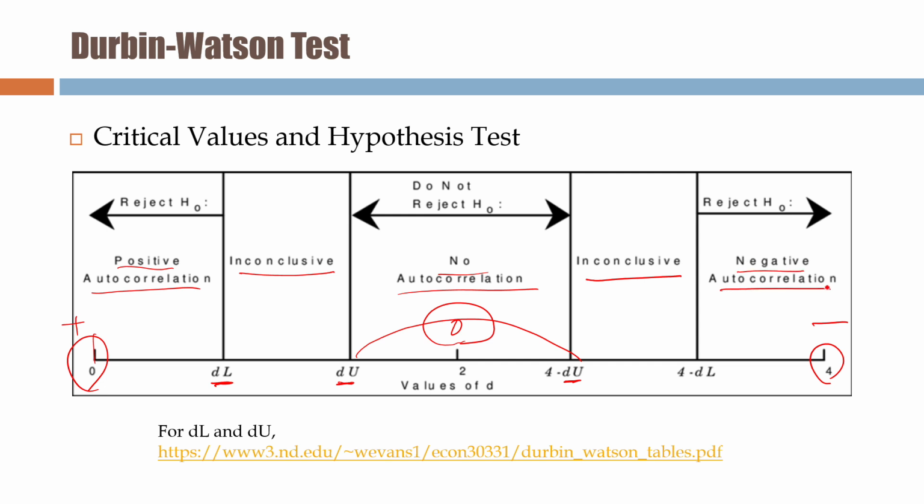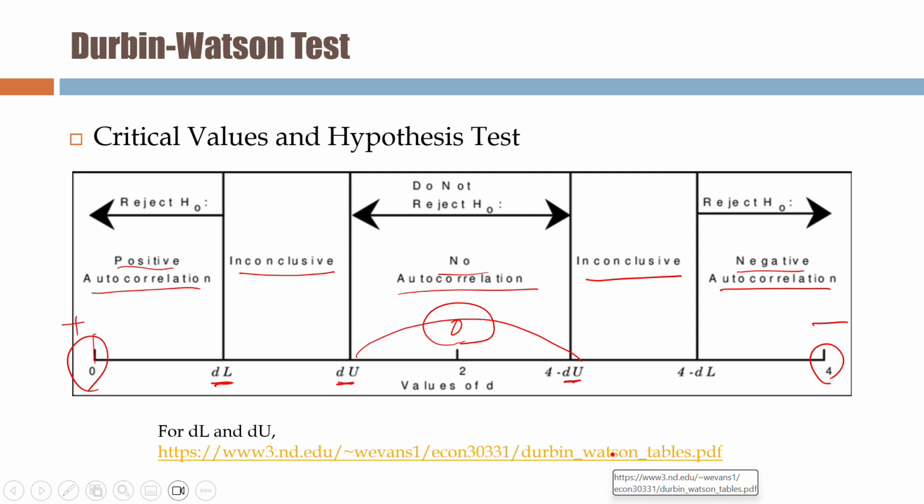How can I find dl and du? You can just click this link, and you will find out how to find du and dl. But same as our z statistics or t statistics, we don't want to look at the critical point value.